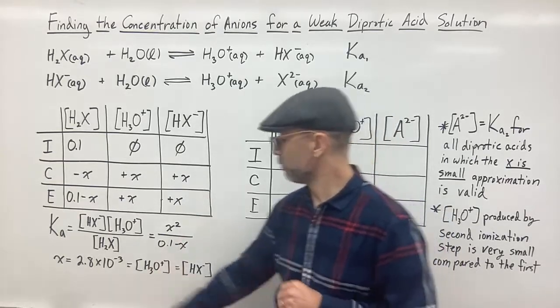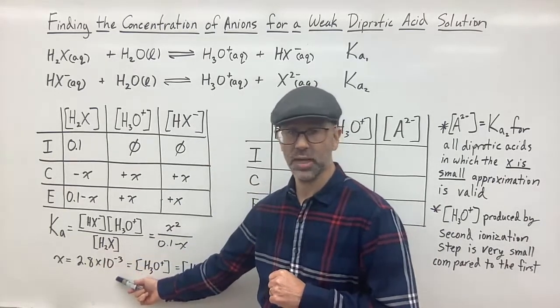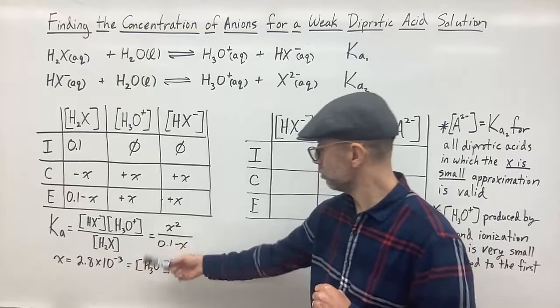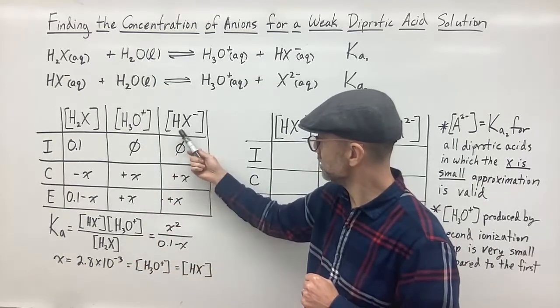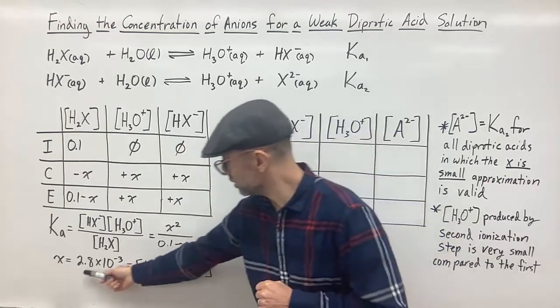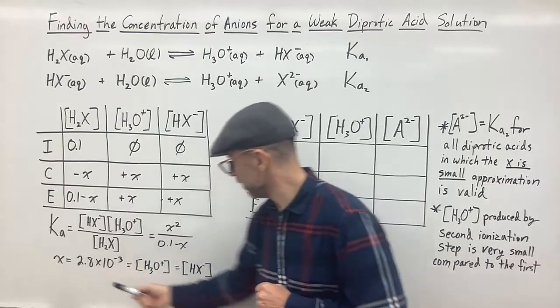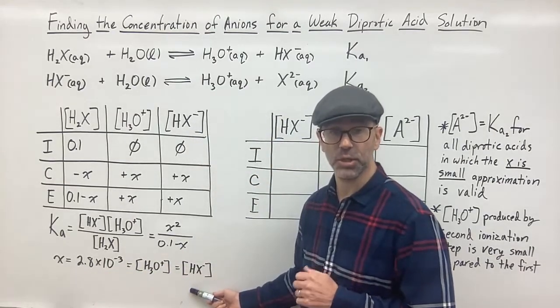It's valid, and we get x is equal to 2.8 times 10 to the negative 3. That x is equal to the H plus concentration and the HX minus concentration here. So this x value is equal to these values at equilibrium.